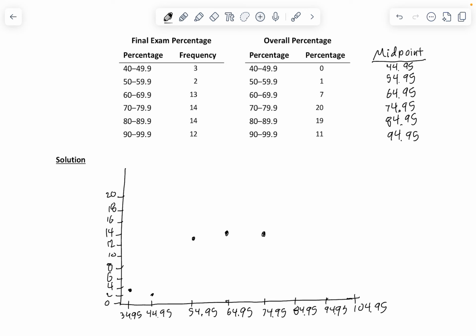Did I miss one here? Oh, sorry, I'm off by a little. The first one actually needs to go over the 44.95.